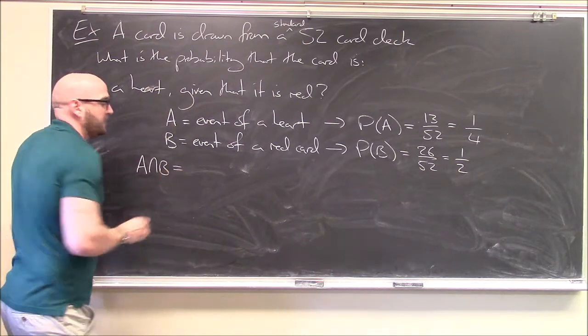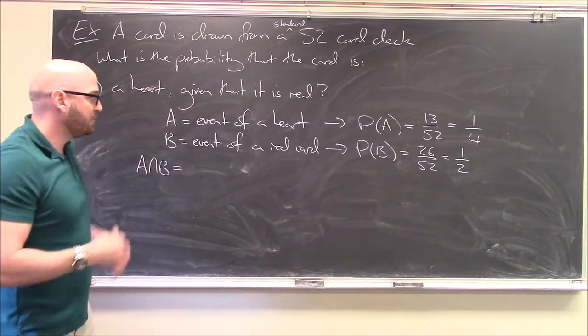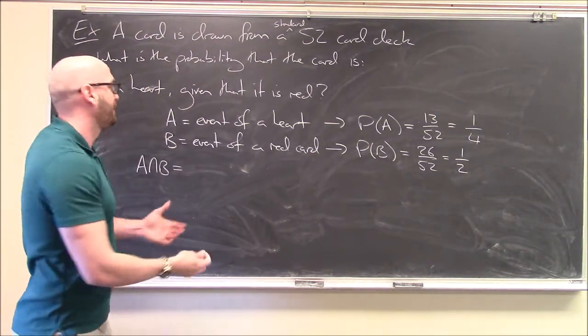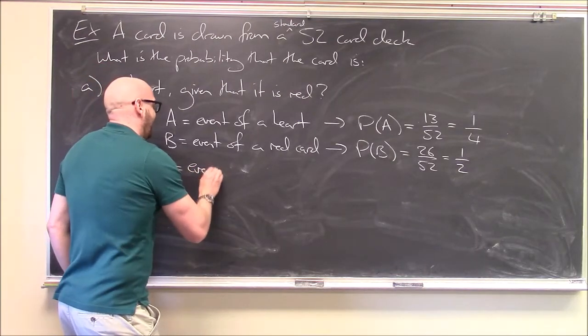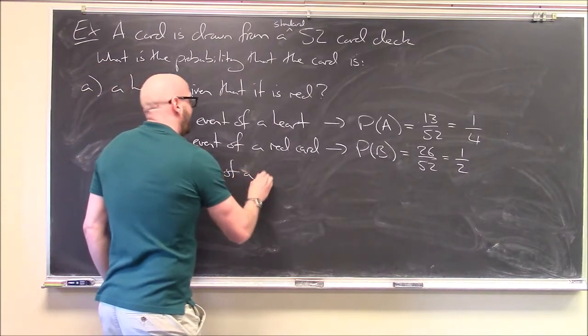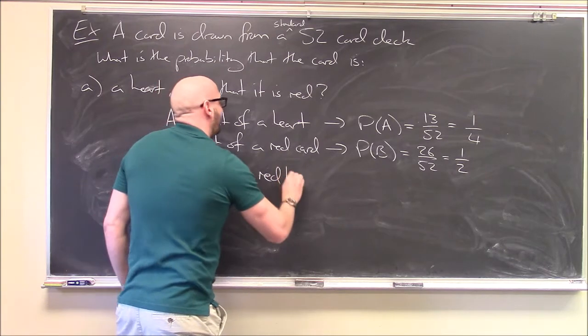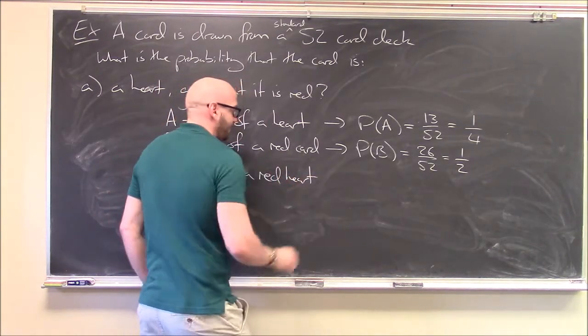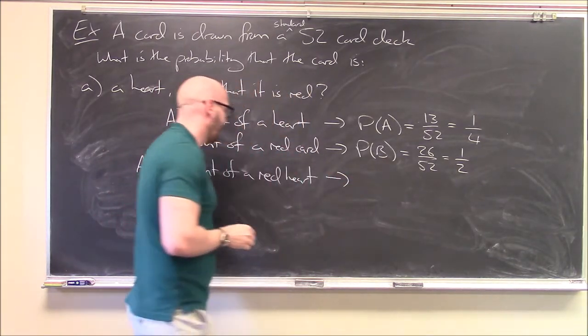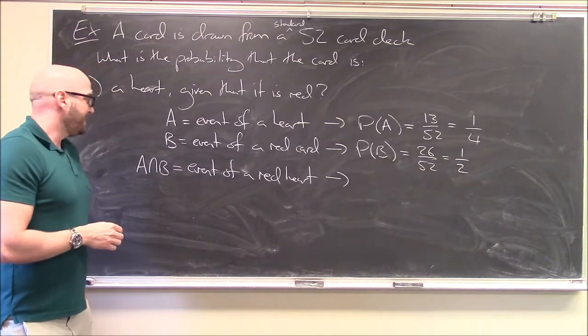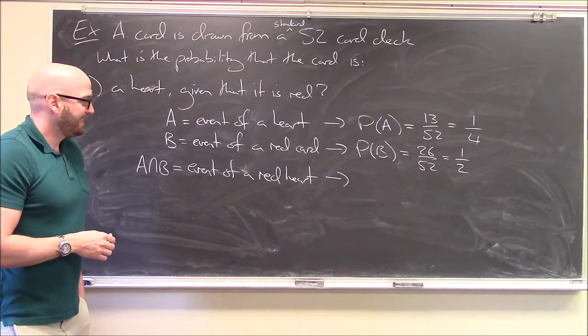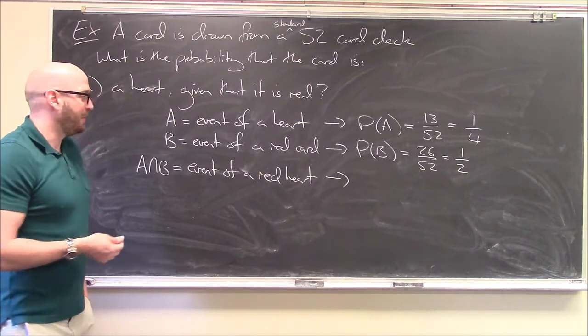So, what about A intersect B? This would be the event of drawing a red heart, right? But notice that that's a bit redundant, right? All hearts are red.